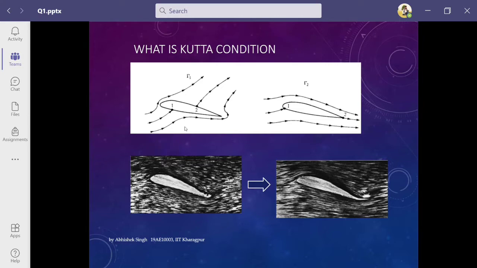But eventually, when this transient period dies out, we get this type of flow around an airfoil, where the flow is leaving smoothly from the trailing edge at point 2 in this figure.